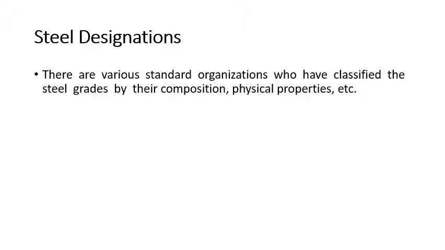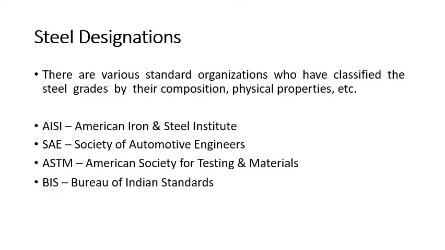There are a number of ways in which you can designate steel. Just to take examples, we will say AISI, SAE, ASTM and BIS. AISI is the American Iron and Steel Institute, SAE is the Society of Automotive Engineers, ASTM is the American Society for Testing and Materials, and BIS is the Bureau of Indian Standards.